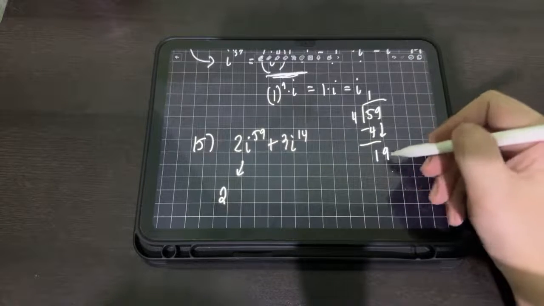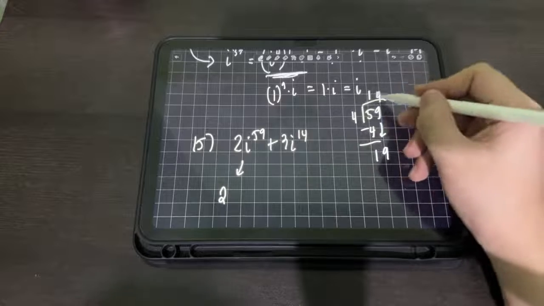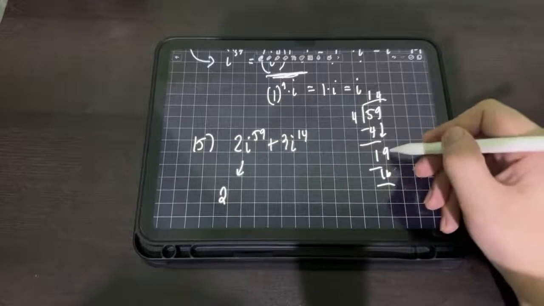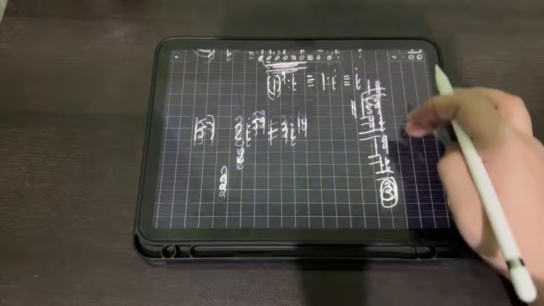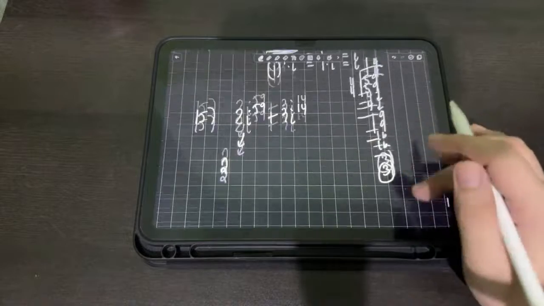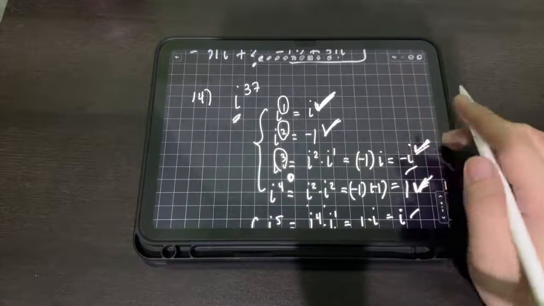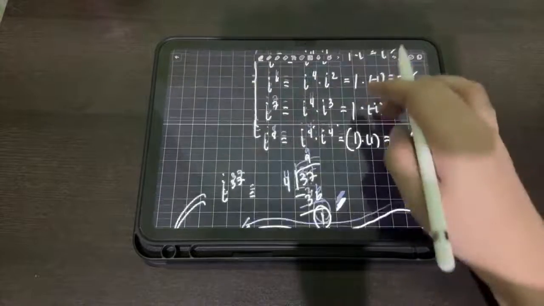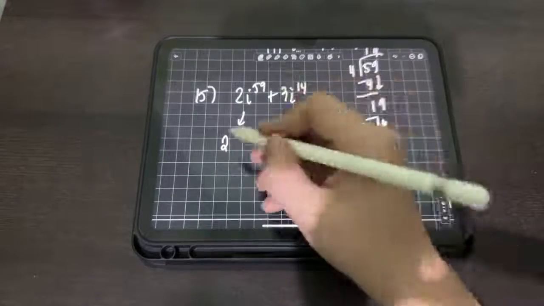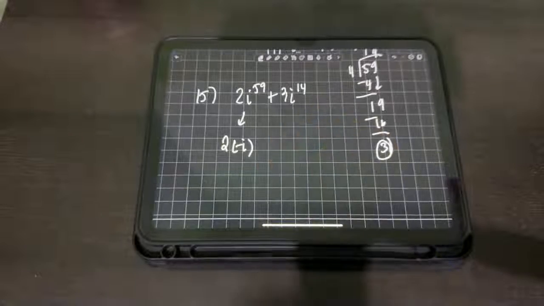Bring down the 9. 19 divided by 4, 4. 4 times 4, 16. 19 minus 16, 3. Remainder 3, right? So, therefore, when the remainder is 3, like what I've said, it's equivalent to i cubed, negative i. So, i to the 59 is negative i.